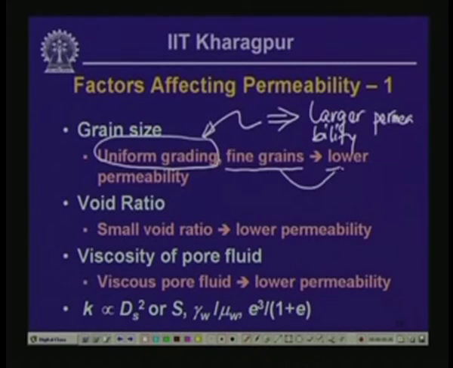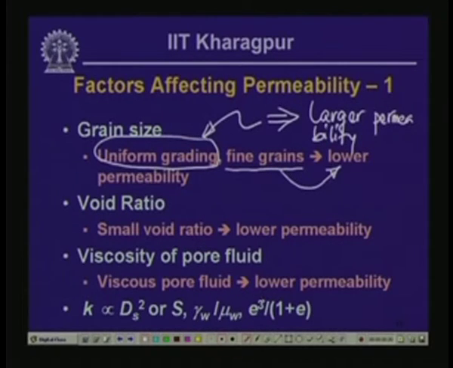So that in fact is going to lead to a smaller permeability. Second aspect is void ratio. If you have got a much tighter packing or small void ratio, then you are going to have a lower permeability.